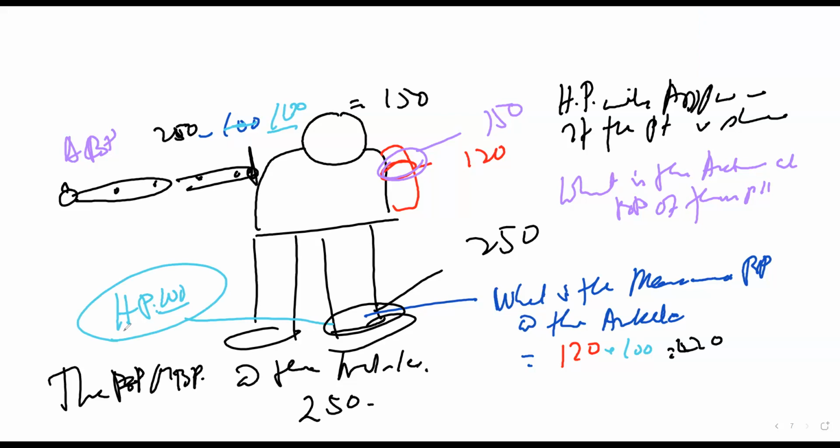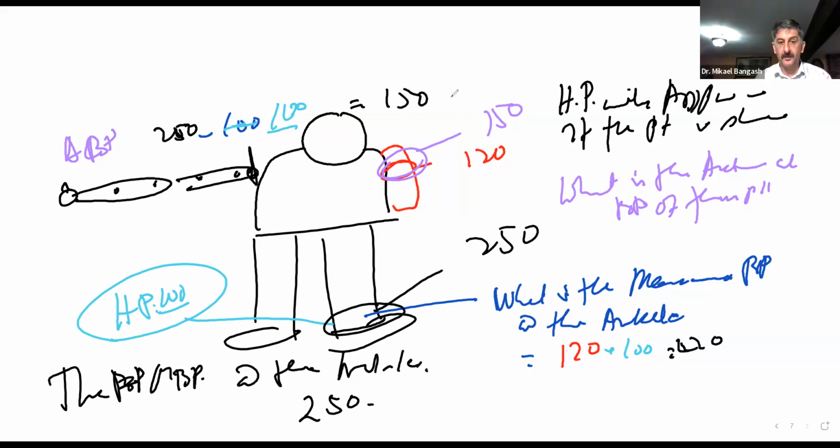Yes, it did. So at this point, there's no increase in pressure between this and this, this and this, this and this. So whatever blood pressure was measured here is going to be the same if we had measured it here or here or here.